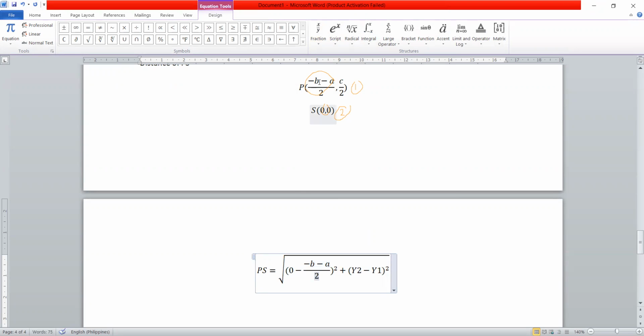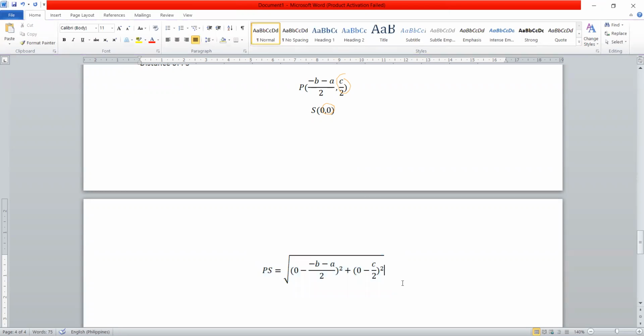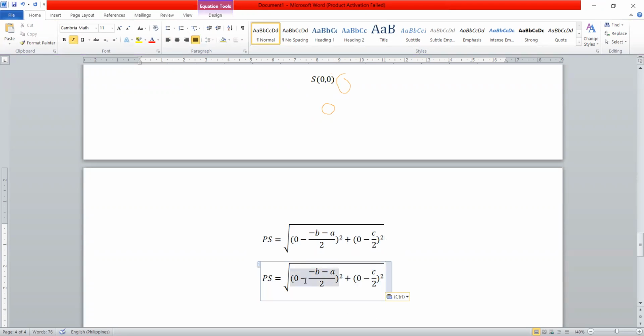Okay, next, we have there y2, which is also 0, minus y1, c over 2. So y2 is 0, and y1 is c over 2. So simplifying this further, we can just omit the zeros.